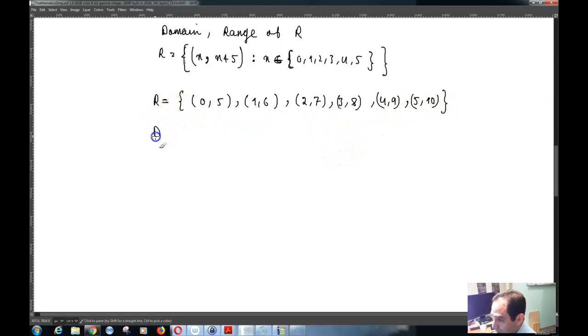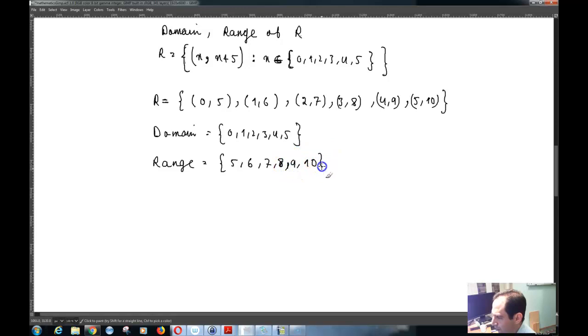And so your domain is basically 0, 1, 2, 3, 4, and 5, and your range is 5, 6, 7, 8, 9, and 10. So that was number 6.